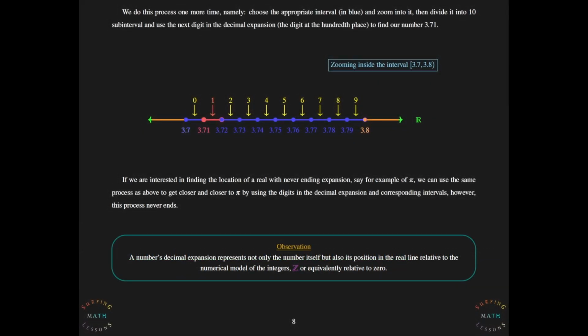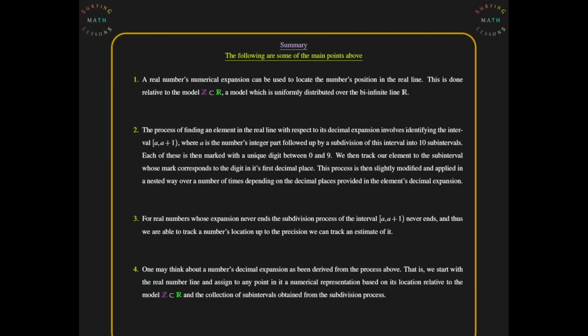Before moving forward to the next topic, let us briefly review the important ideas over the last couple of pages. First, a real number's numerical expansion can be used to locate it in the real line relative to the copy of the integers lying inside the reals.